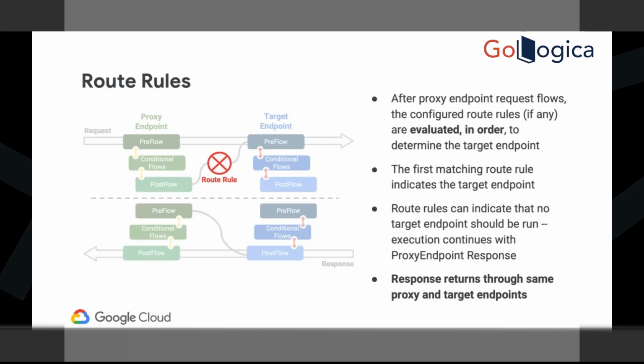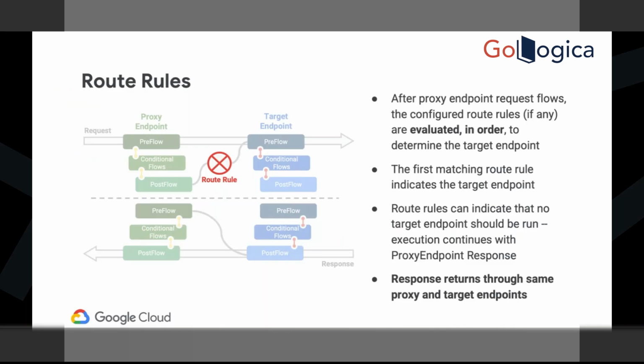There in the route rule we can define conditions, and based on the condition which is successful, that specific target endpoint is selected. In some cases we can even decide that for a condition it should not go to any target, and that is also supported.